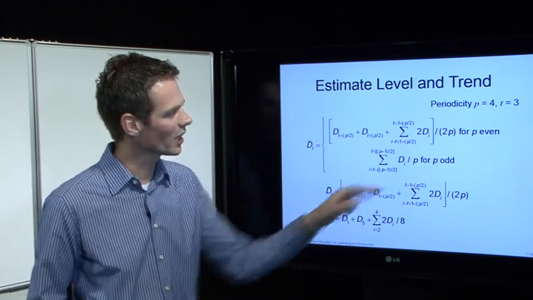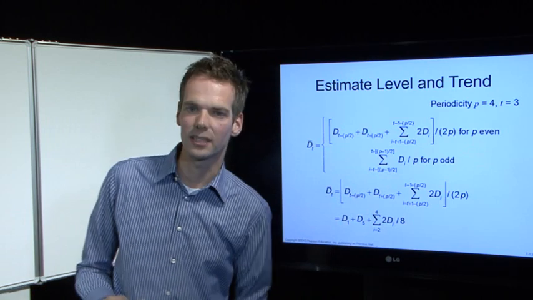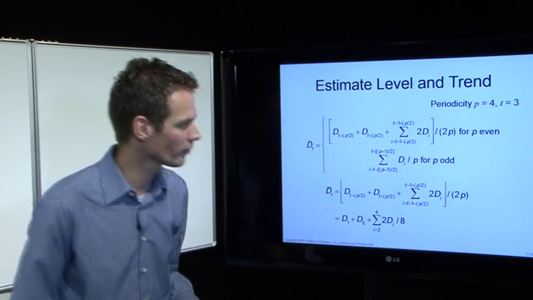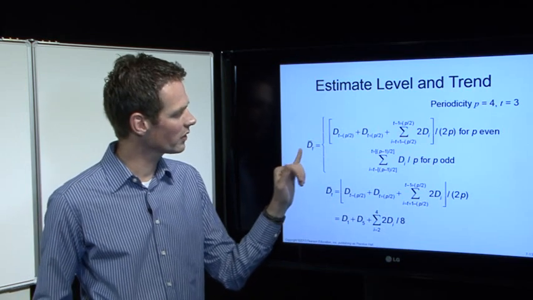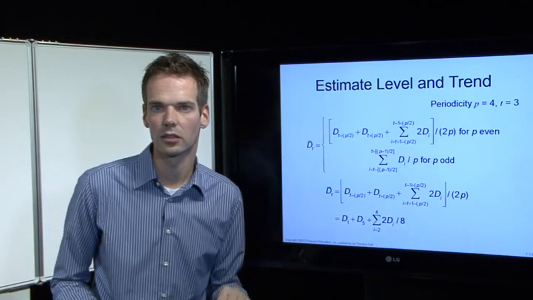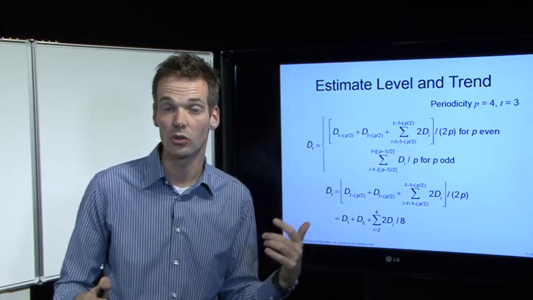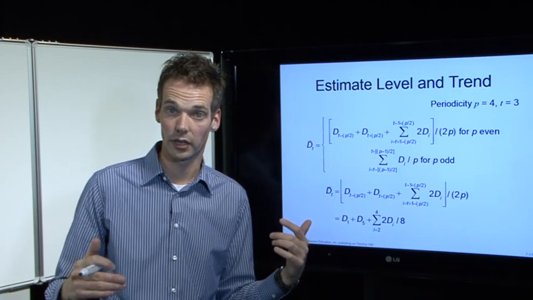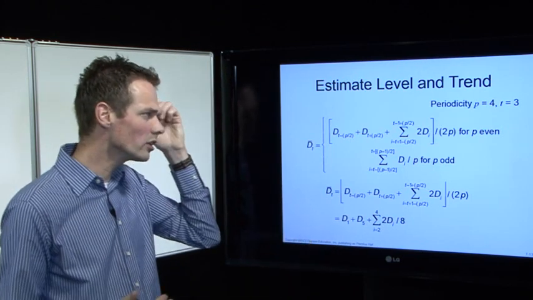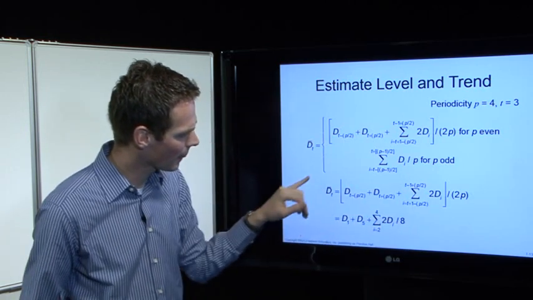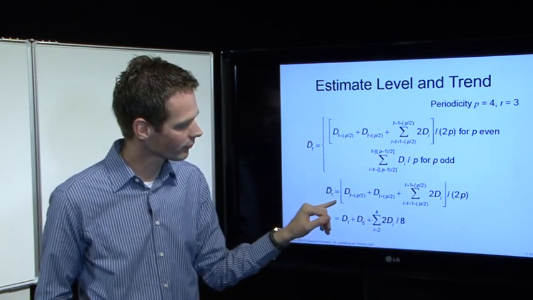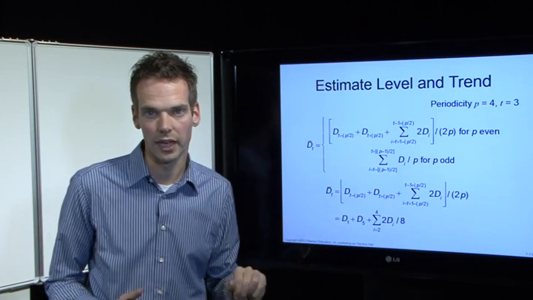So in this case P is even, 4 is even. If we want the average demand, Dbar t, to be calculated, we use this formula.